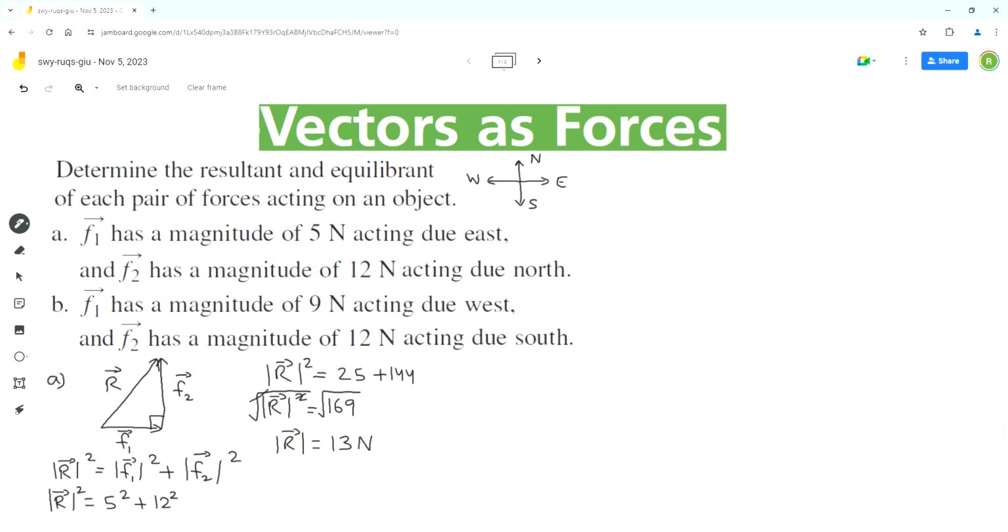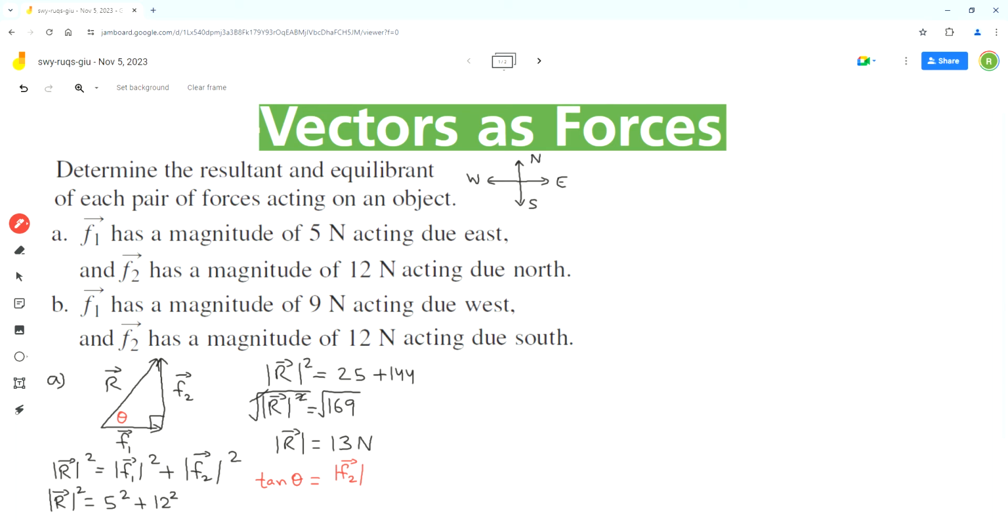Now we also have to find the direction of the resultant, and for that we have to find the measure of angle theta. So since it's a right angle triangle, we can use the tan ratio. The formula for tan as per SOHCAHTOA is opposite over adjacent, and for angle theta the opposite side represents vector F2.